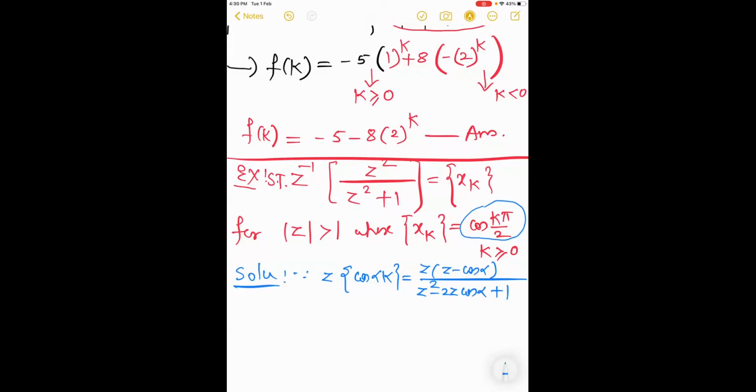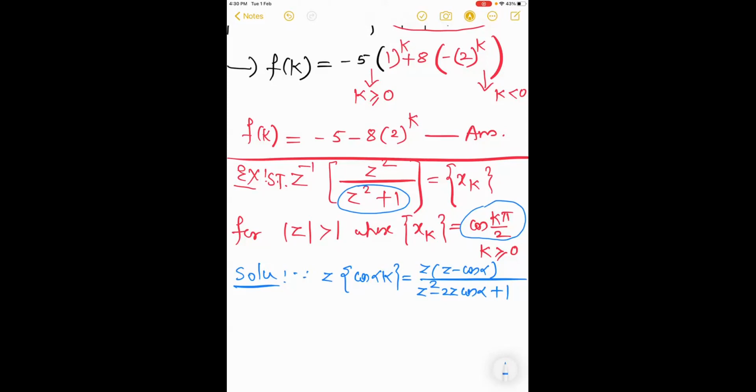Whenever the denominator contains quadratic terms like Z square plus some linear term, 2Z plus 1, or something like Z square plus 3Z plus 2 and so on, you can think of whether it can be converted into the cosine function, because in the cosine transform the denominator contains the quadratic term Z square minus 2Z cos alpha plus 1. The only task for us is identifying that cos alpha, that is, what alpha is.